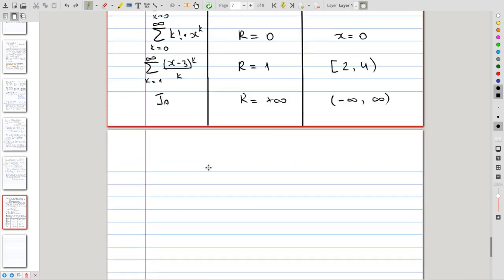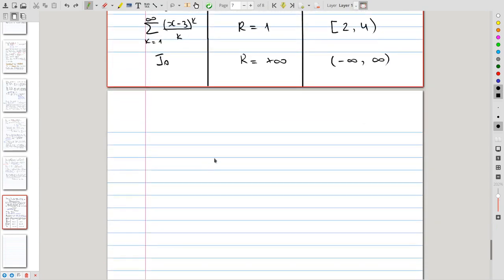How is this done in general? Well, there are two things to remember.